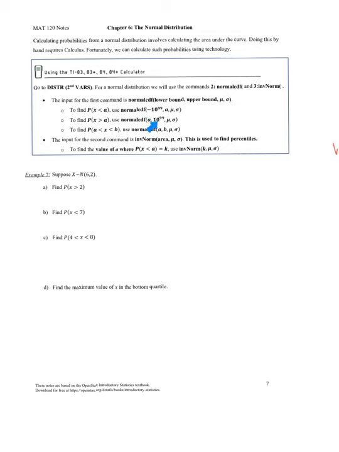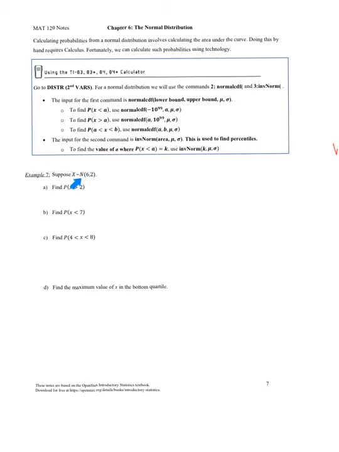These numbers just represent very, very large values. So this is a very large negative value, and this is a very large positive value. Sometimes when I'm using my calculator, I might just type in a big number like negative 1 million or positive 1 billion. You don't need to use this specific very small number or this specific very large number. Let's go ahead and look at example 7 and do one of these problems.